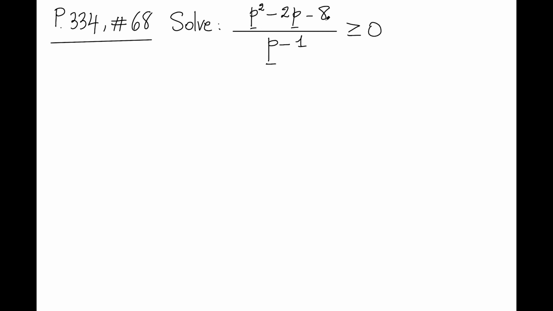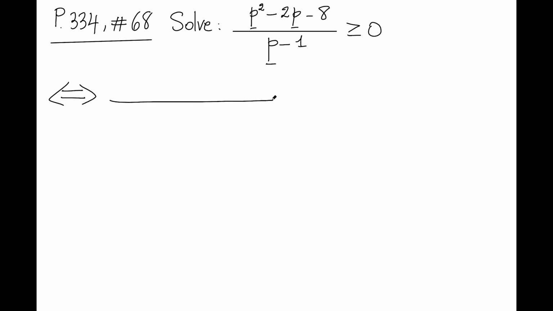Study the variations of the numerator, study the variations of the denominator, and hence deduce the variations of the quotient. The numerator is a polynomial, so I'm going to apply the same thing as before, which means let's start to factor this entity, p squared minus 2p minus 8.